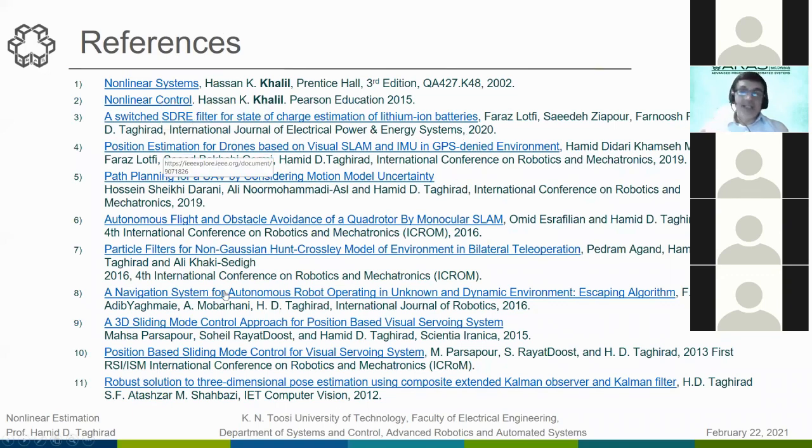I selected a number of them which are somehow related to the Kalman and extended Kalman or some sort of linear observer. Most of them are Kalman based. The first one is mostly SDRE. We have particle filters as well here, as you see, and some other filters for other approaches.